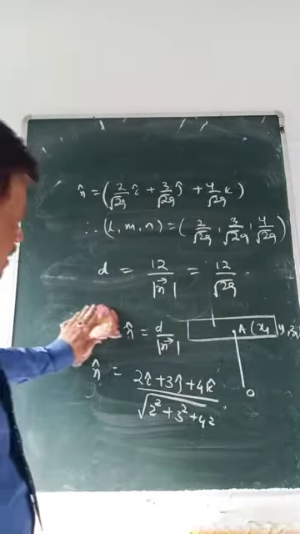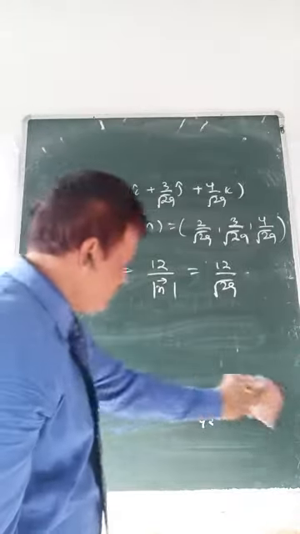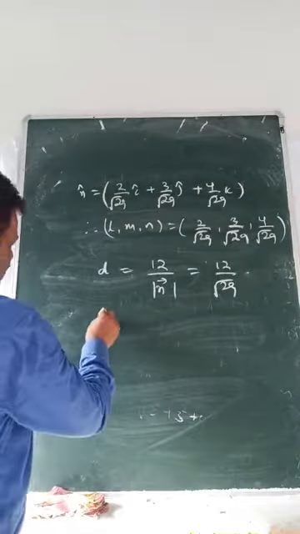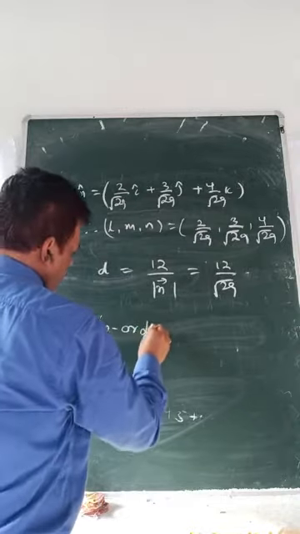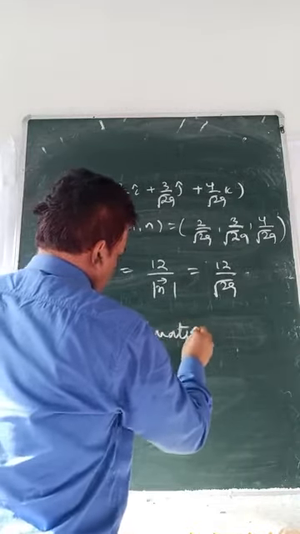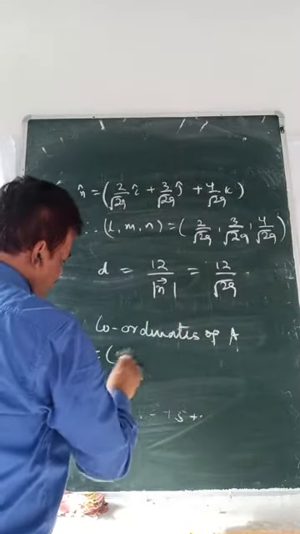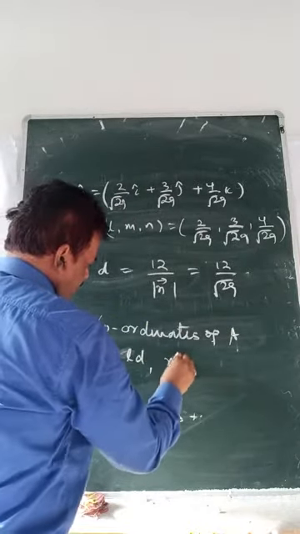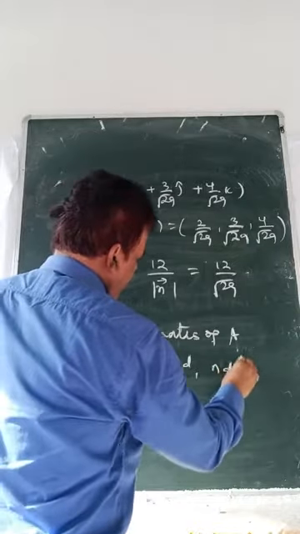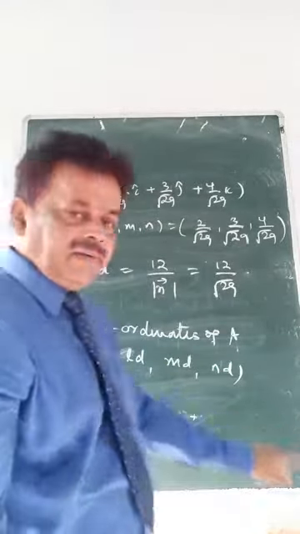So what is the formula I have given you? Coordinates of A, that is nD, nD, nD. This formula I have given you.